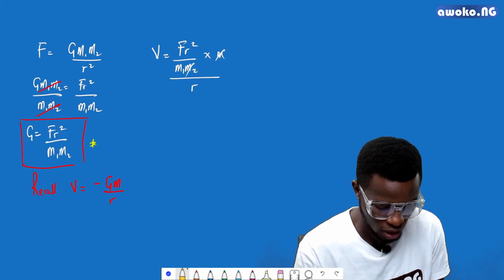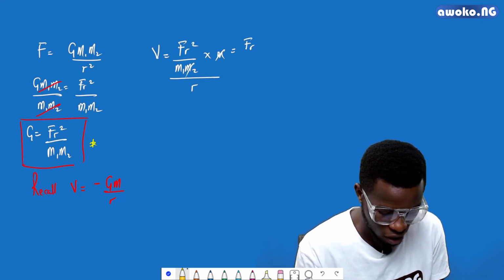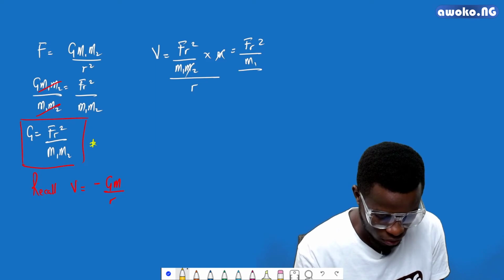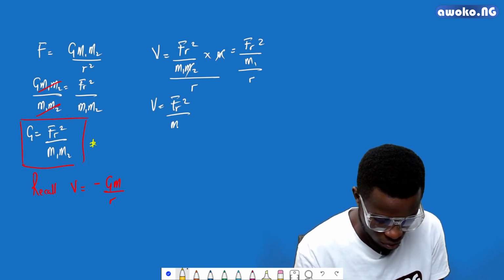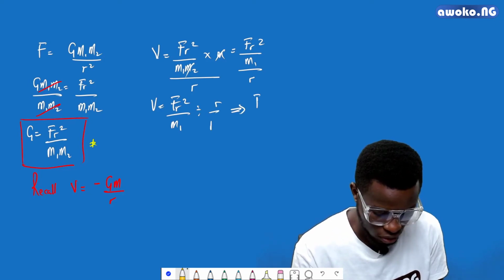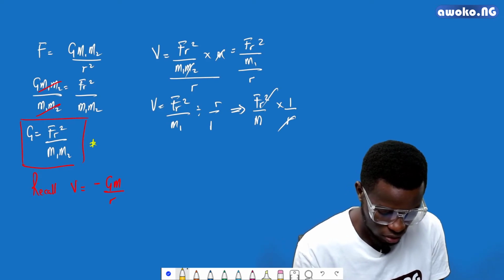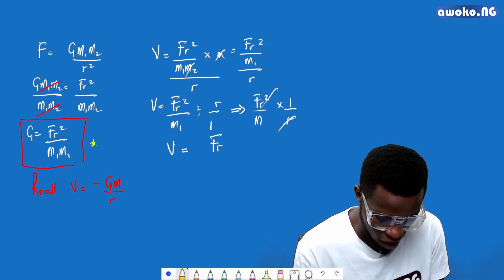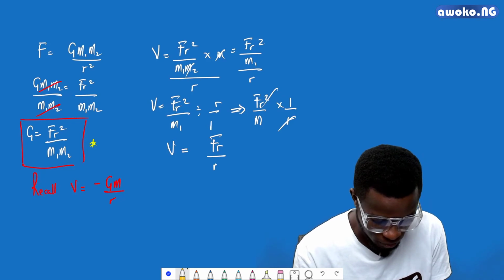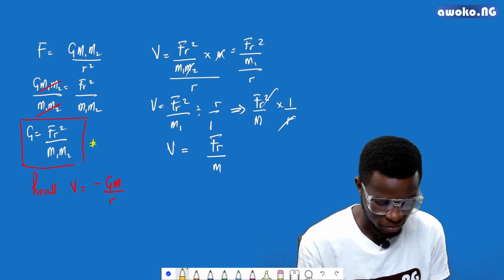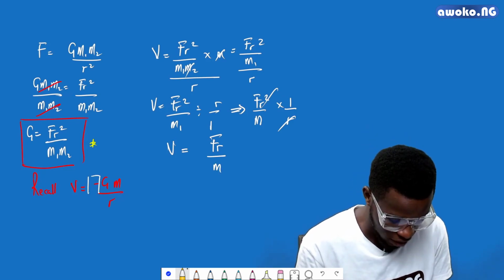So this can cancel out, and I am left with Fr squared over m, times 1 over r. This cancels out, so V will be equal to Fr over m.